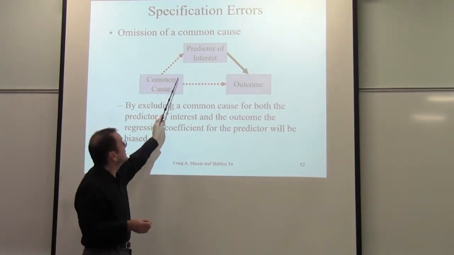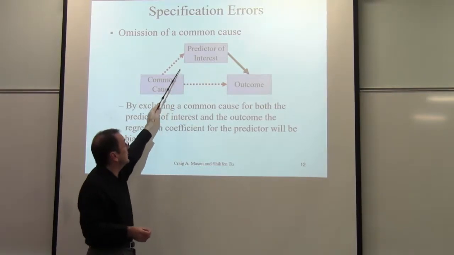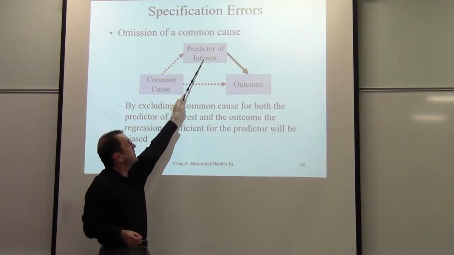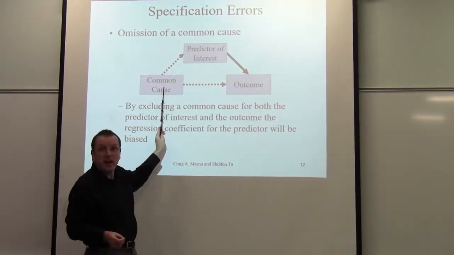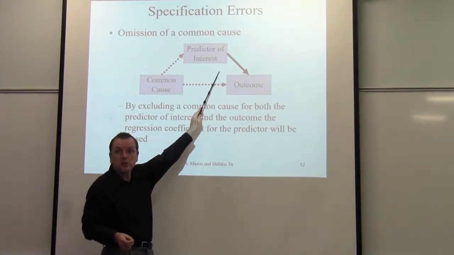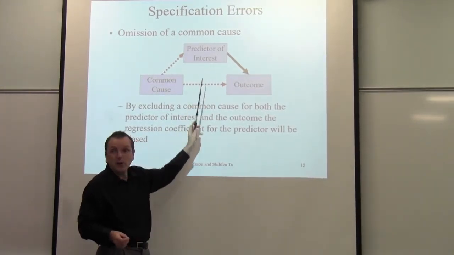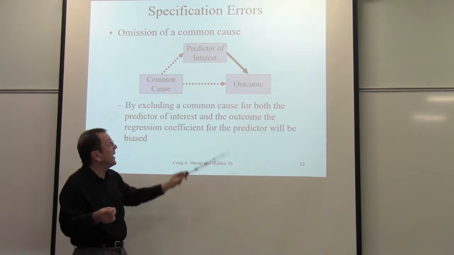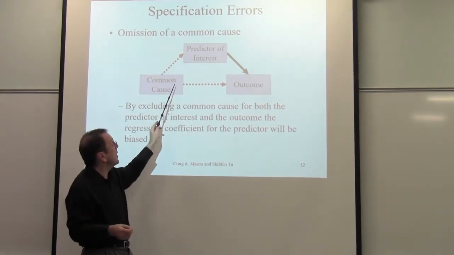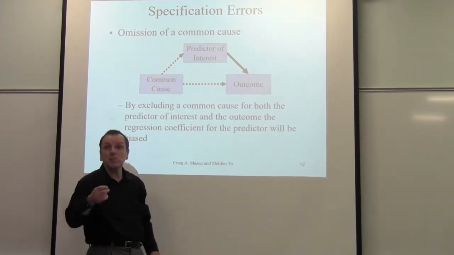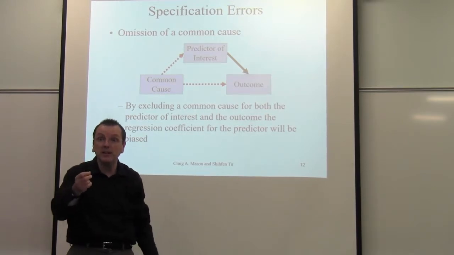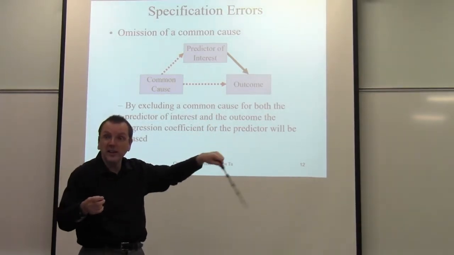Because some of the effect of that common cause is being credited to your variable when it shouldn't be. And if you flip these around, the direct effect is going to be bigger than it should be because you're overlooking the effect through that.